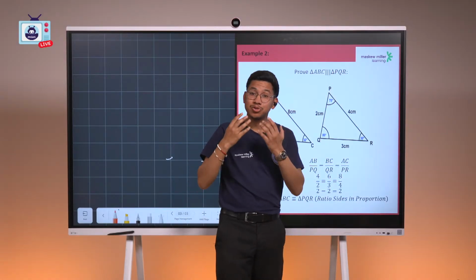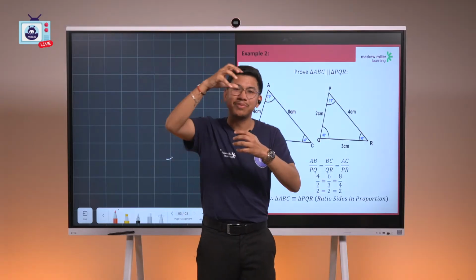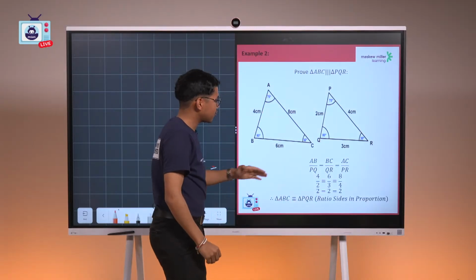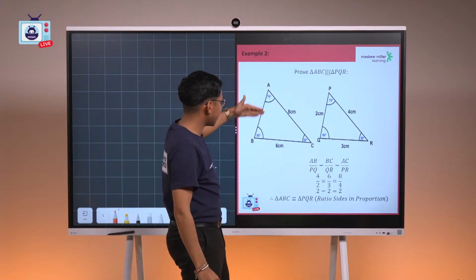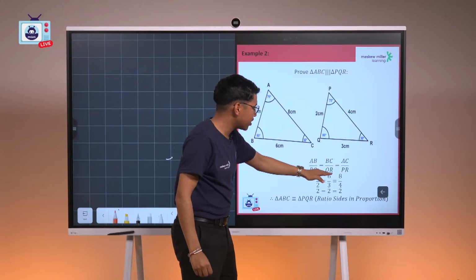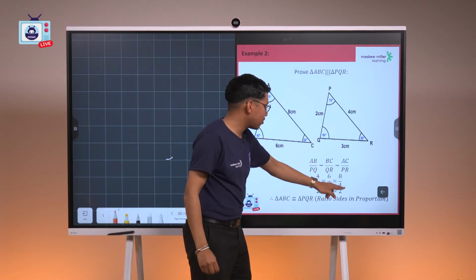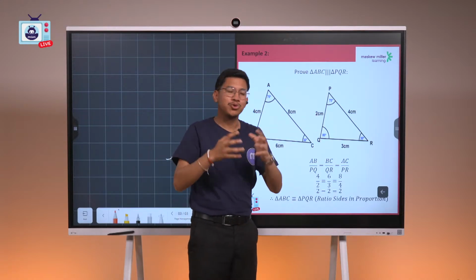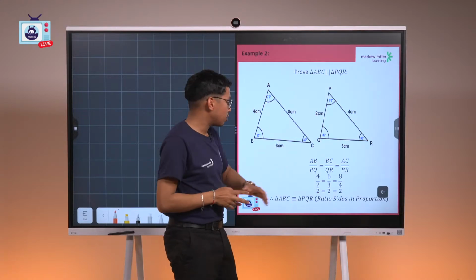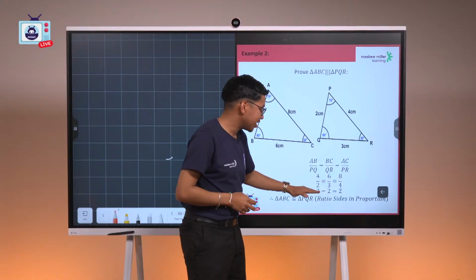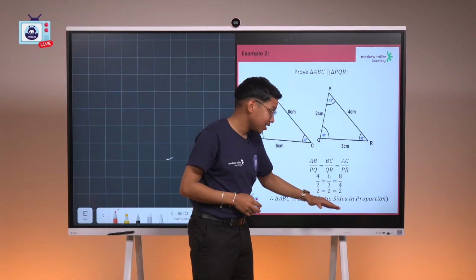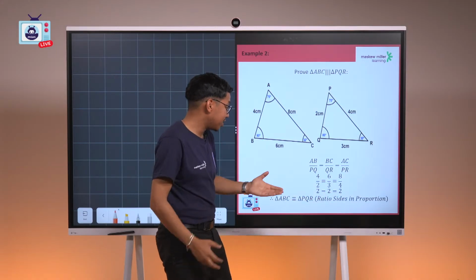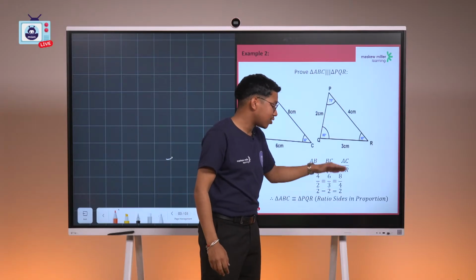What do I do now? I do substitution. Substitute means just put something in place of. All right? So in place of AB, I have 4. In place of QR, I have 3. In place of PR, I have 4. I just substitute all my numbers. And guess what? When we simplify all those numbers, we get 2, 2, 2. And we see so beautifully that the ratio of sides are in proportion, right?